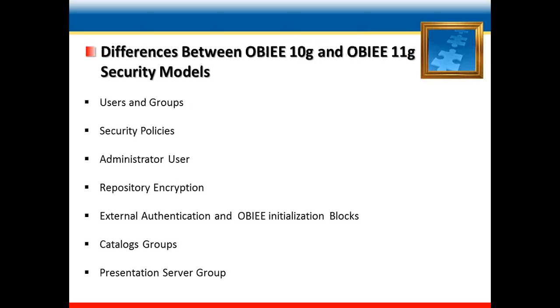Then the differences between Oracle Business Intelligence Enterprise Edition 10G and 11G security models. First of all, users and groups. In 10G, users and groups are defined in RPD files using the Oracle BI Administration Tool.